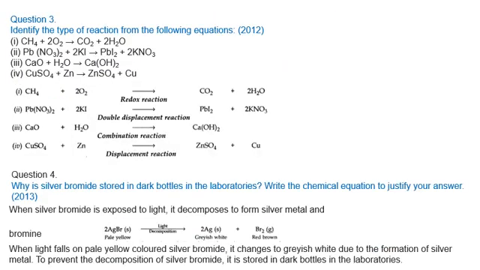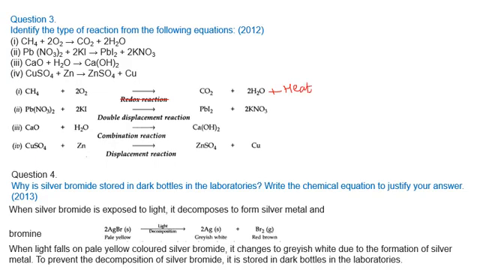See the question. Here, identify the type of reaction from the following equations. Okay, the first is methane plus oxygen gives carbon dioxide and water. Students, this is not a redox reaction you can call it, because in this reaction a lot of heat is produced, which is not mentioned over here, but heat is produced.